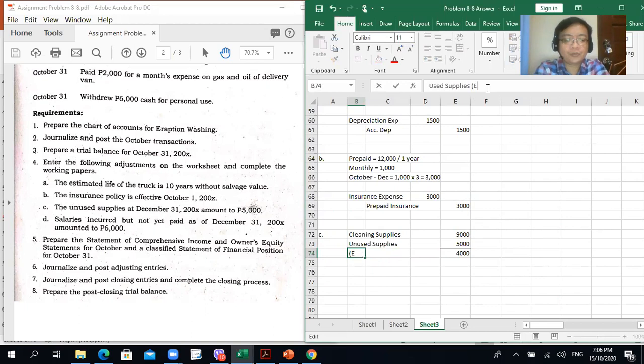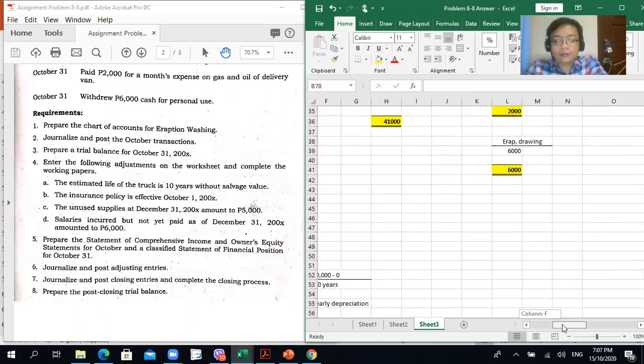Very good. Expense. All right, what is the entry for this? So you debit cleaning supplies expense worth 4,000 and you credit what? Cleaning supplies worth 4,000.